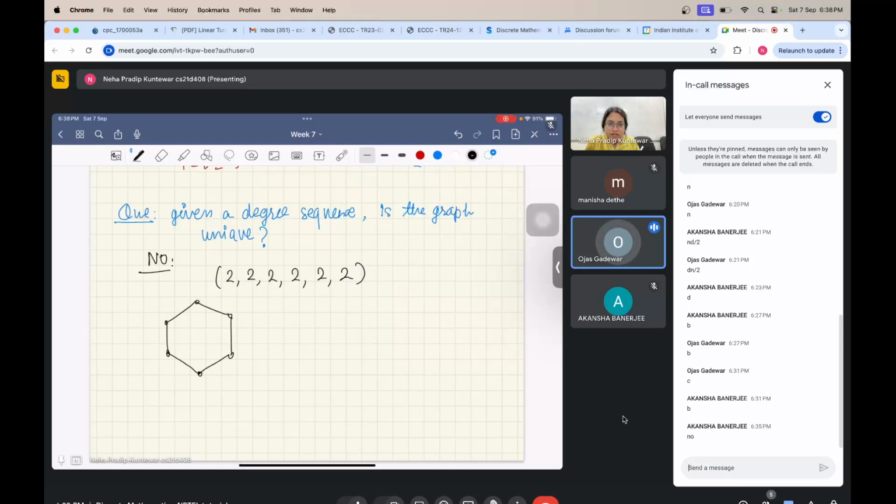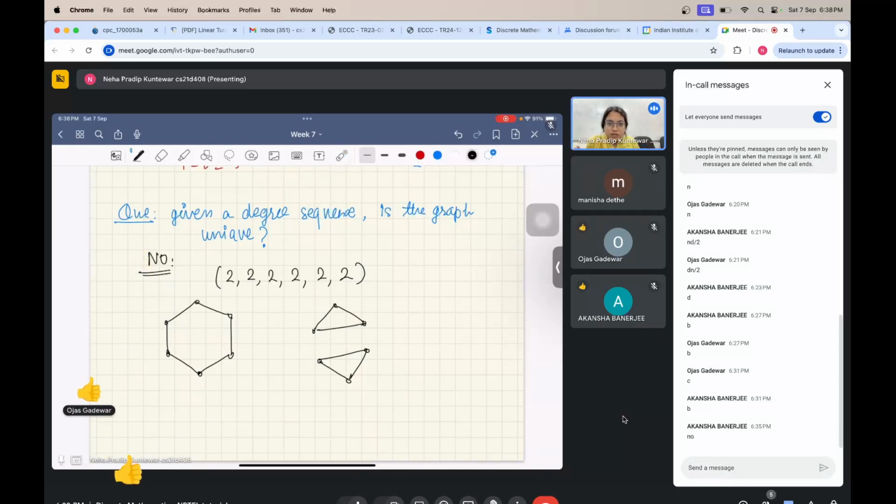So you can think of it as a cycle, but you can also think of them as two cycles of length 3, because we never said that the graph should be connected, right? So even in this example, the degree of each vertex is 2, but these are different graphs because if you look at the adjacencies, those are different. Is this fine? Okay, so the answer to this is no.